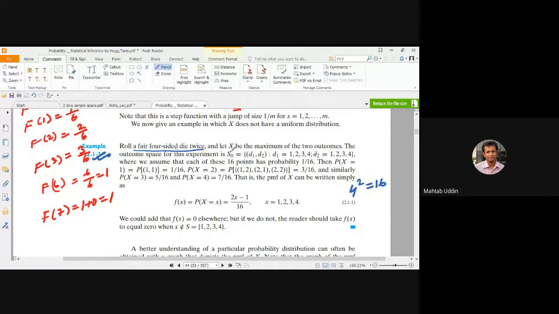And X is the maximum of the 2 outcomes. So what is our target? Our target is to find the maximum. This is the question, and the next part of the question will be to find the PMF.